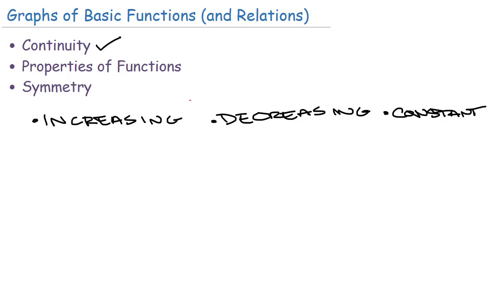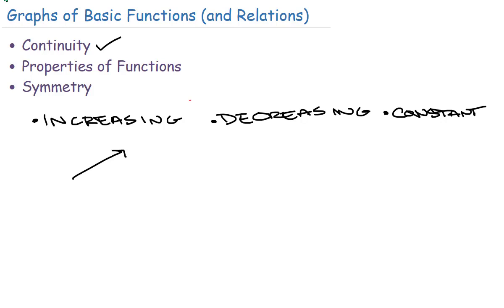And so if a graph, or a function, is increasing, visually it is going up toward the right. And just so you know, it doesn't have to increase over the whole graph. Sometimes the graph might go up for part of it and then down and then back up. So up toward the right is increasing.